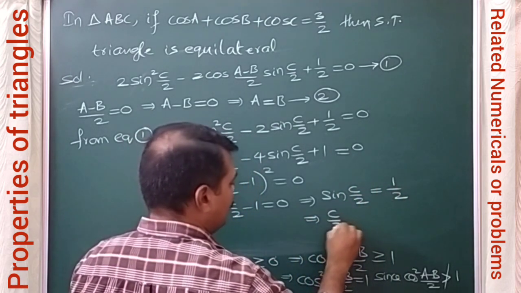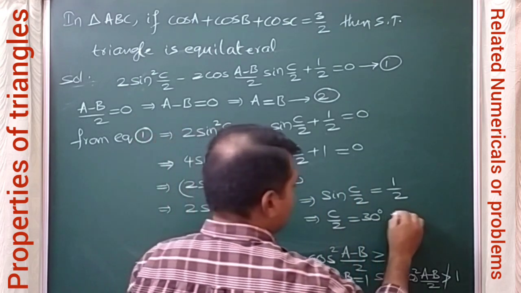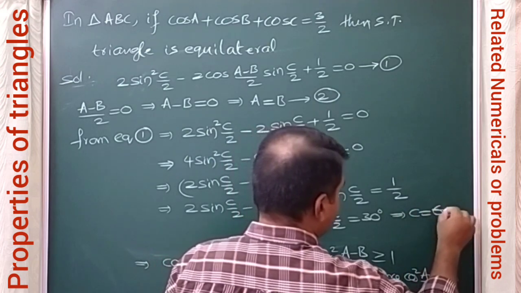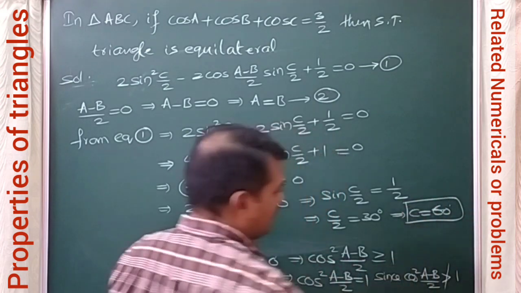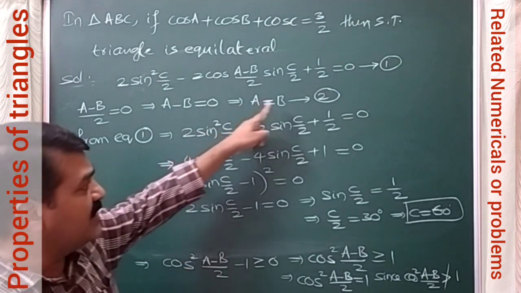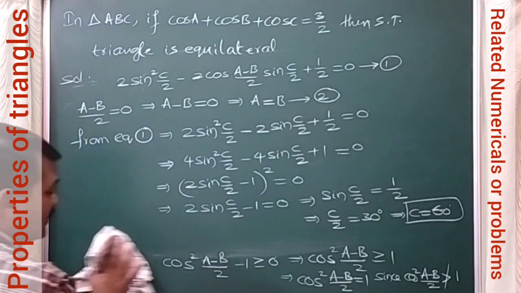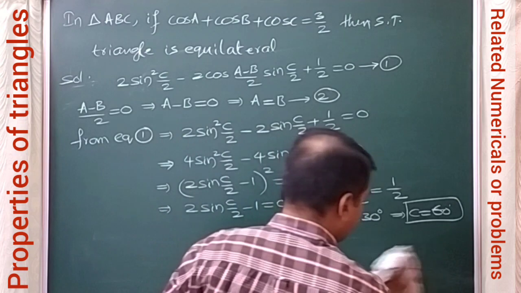That means c by 2 will be 30 degrees. So c is equal to 60 degrees. Now angle C is equal to 60 degrees. Already we got A is equal to B.